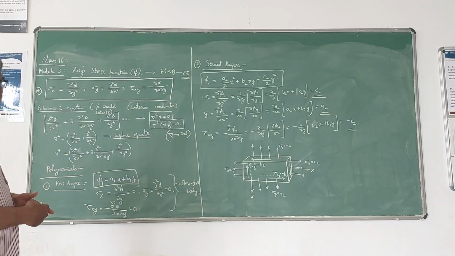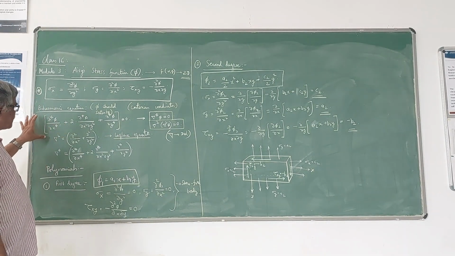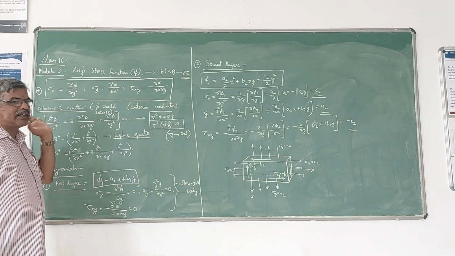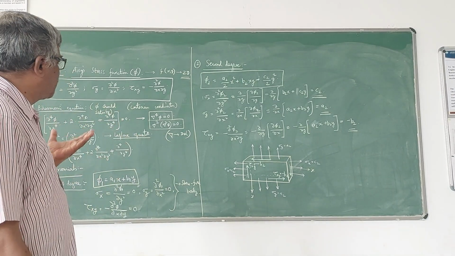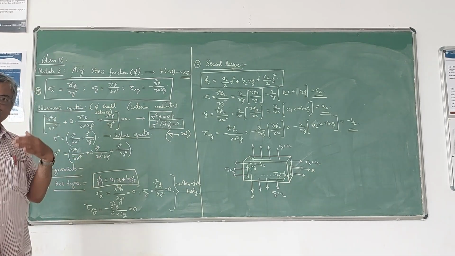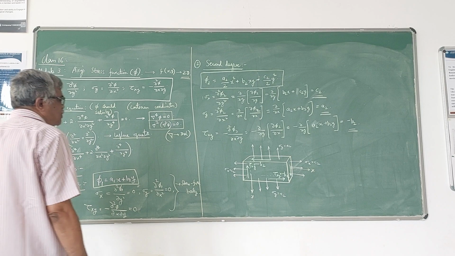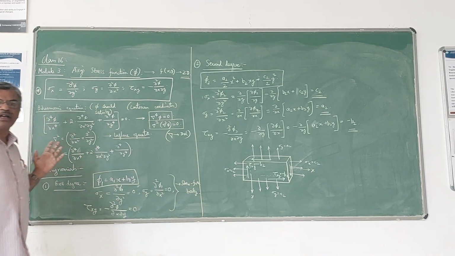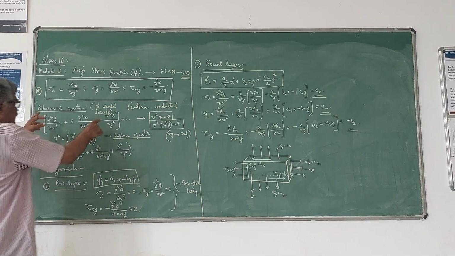So if the phi expression or the phi function satisfies this equation, then it is an Airy stress function. Suppose in any problem they may give the function phi and ask you to check whether that phi is an Airy stress function or not. If you want to check this, you have to take this LHS.